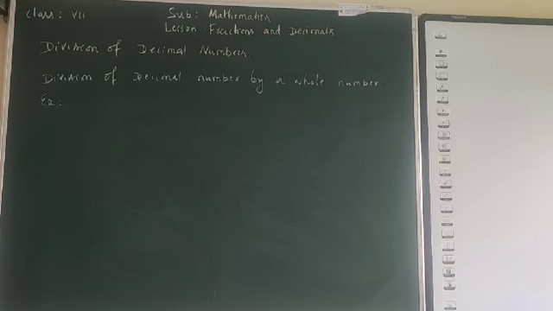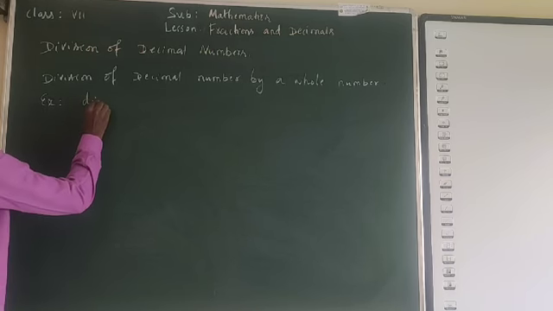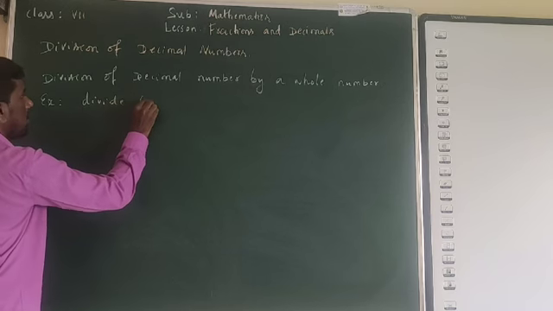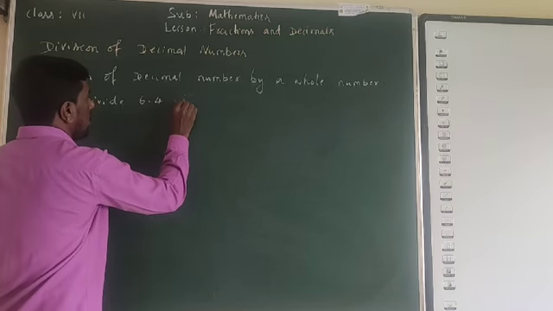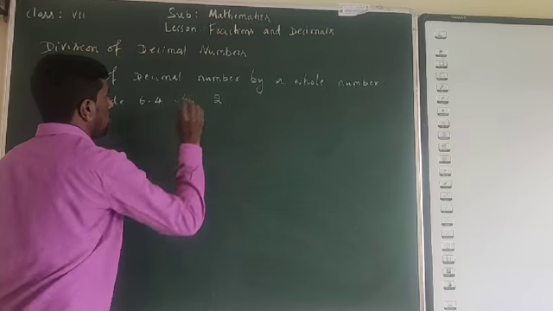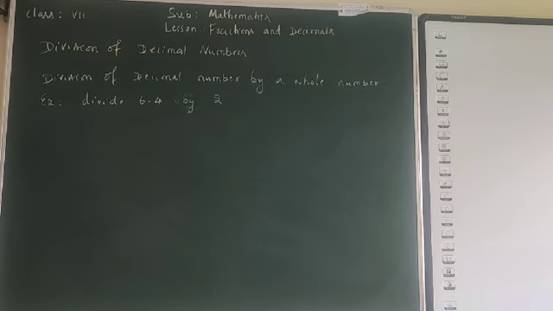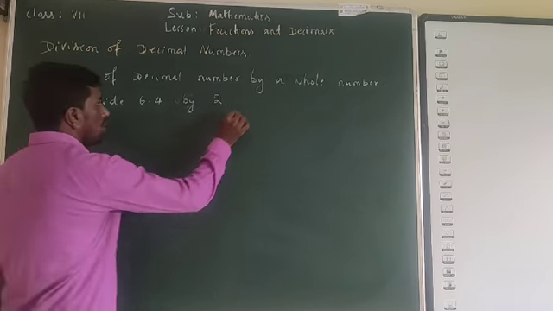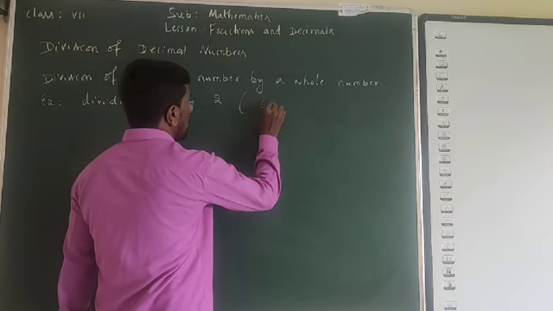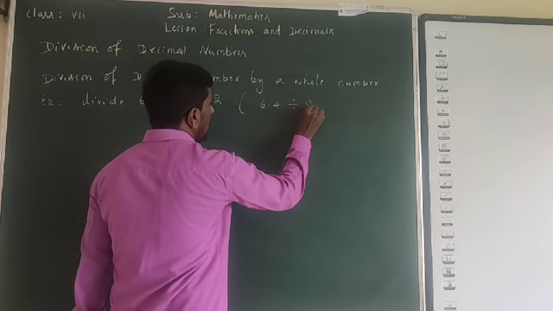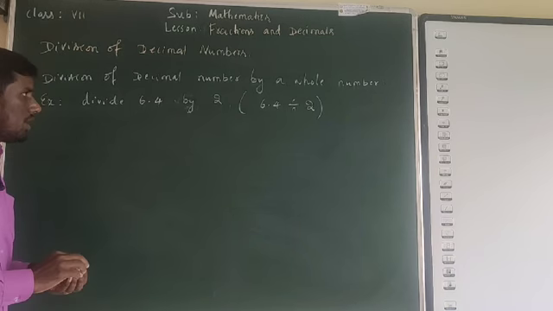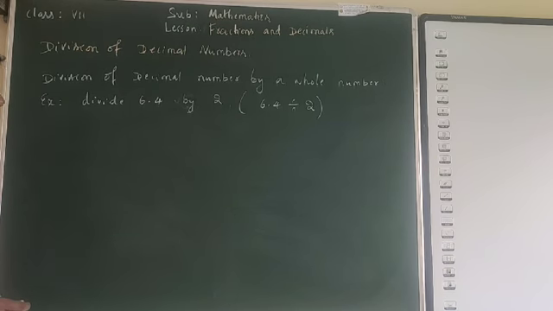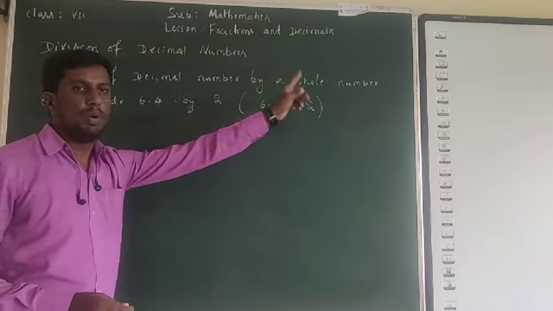Let me take any decimal number, say divide 6.4 by 2, which means 6.4 divided by 2. You can observe that 6.4 is a decimal number and 2 is a whole number. We will be dividing a decimal number by a whole number.